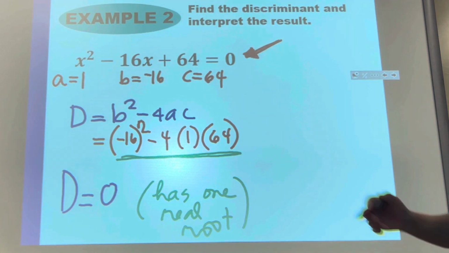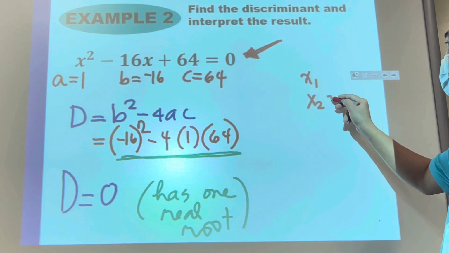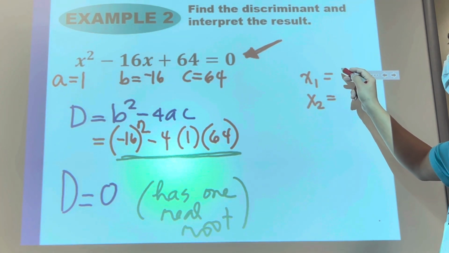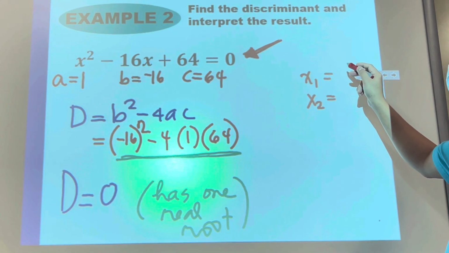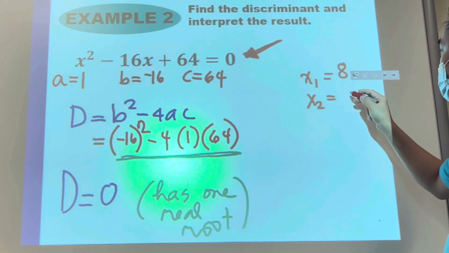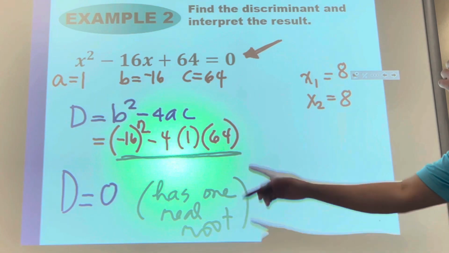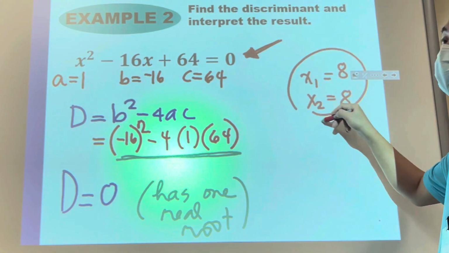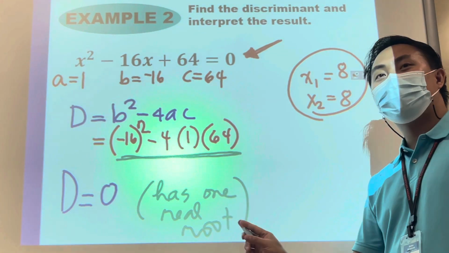Maybe x sub 1 and x sub 2 will be equal to, I think, 8. If you use the quadratic formula, you'll come up with these 2 numbers, and obviously they're the same, so it has 1 real root.